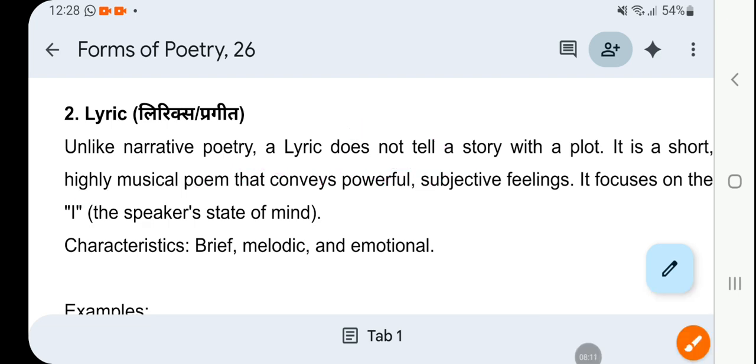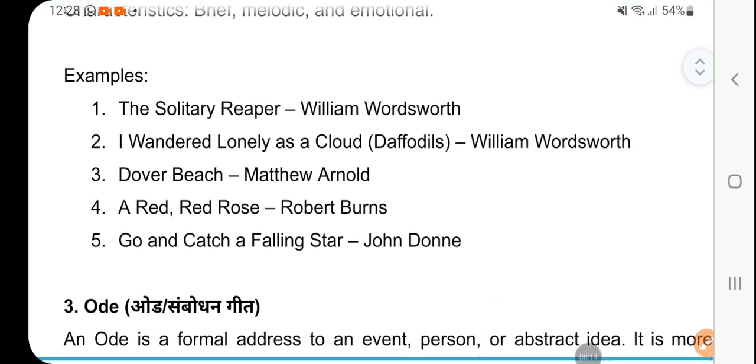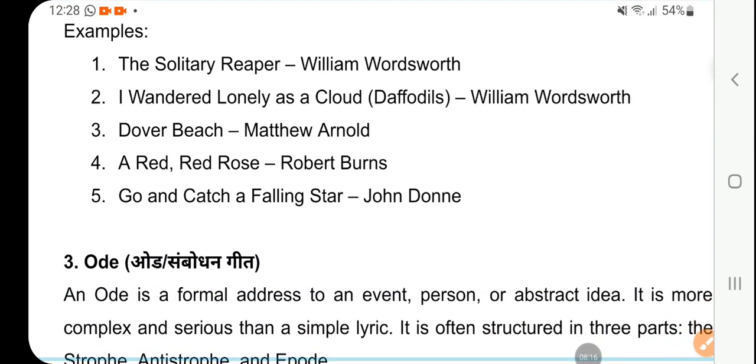This is the lyric. Now, for example, The Solitary Reaper, you must have read it. Then "I Wandered Lonely as a Cloud", because the author is talking about himself, Wordsworth, a very famous poem, Daffodils. Another name is Daffodils. And The Solitary Reaper is also written by Wordsworth.